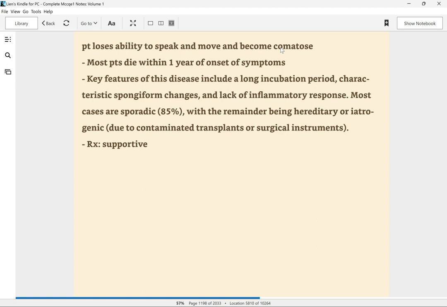Most PTs die within 1 year of onset of symptoms. Key features of this disease include a long incubation period, characteristic spongiform changes, and lack of inflammatory response. Most cases are sporadic, 85%, with the remainder being hereditary or iatrogenic, due to contaminated transplants or surgical instruments. Rx, supportive.